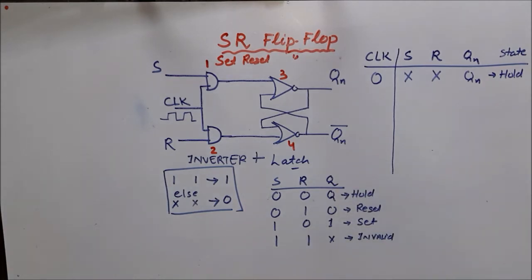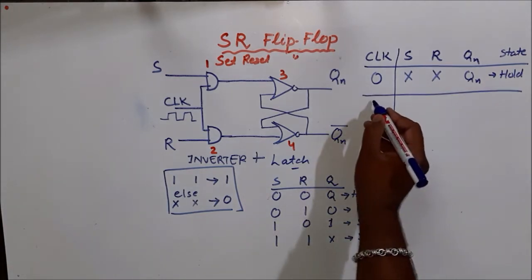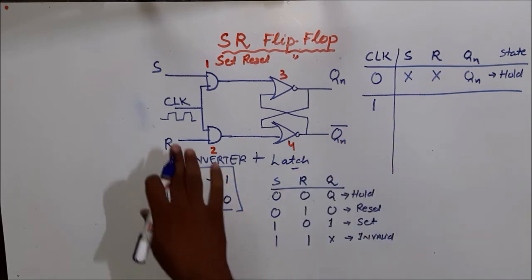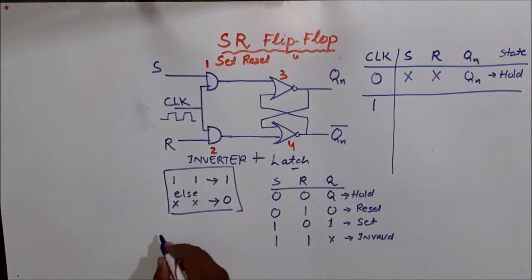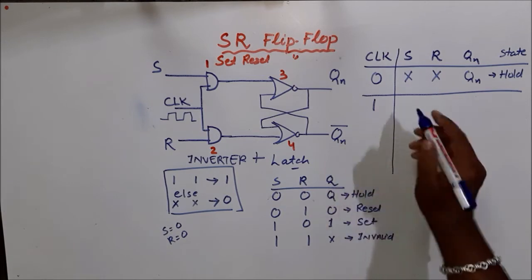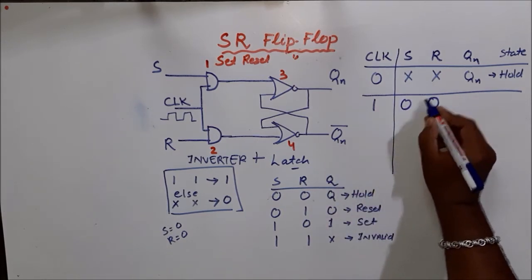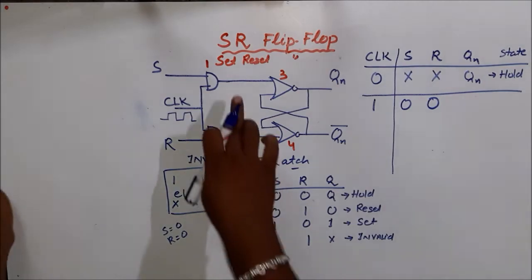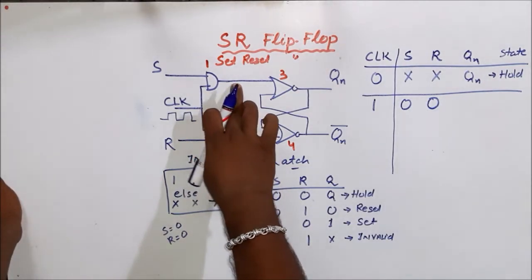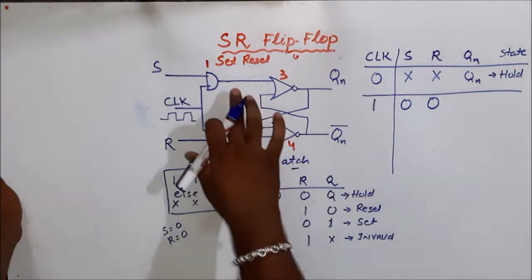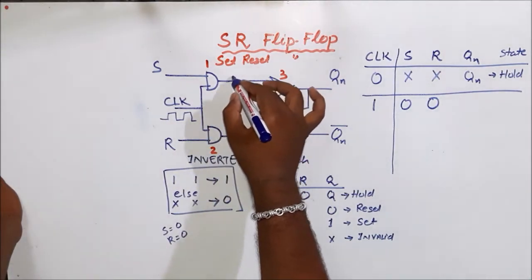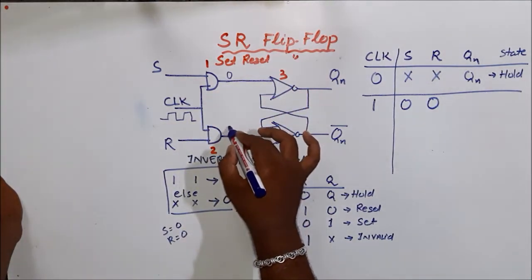Now I'll put my clock to 1. When my clock goes to 1, I make S equal to 0 and R equal to 0. What is the output here? Obviously, any one input 0 means the output is 0, so here we get 0 and 0.